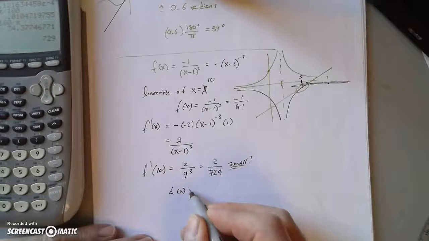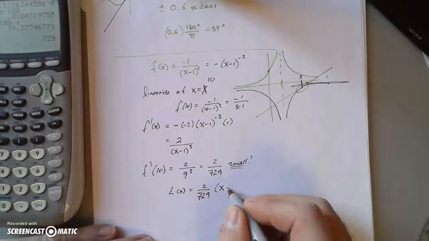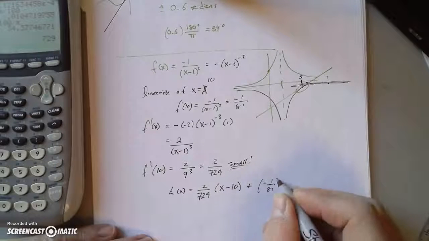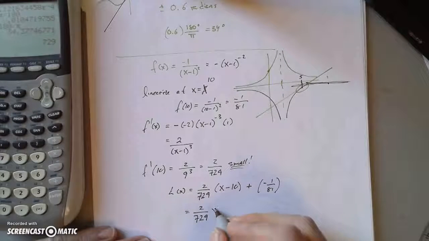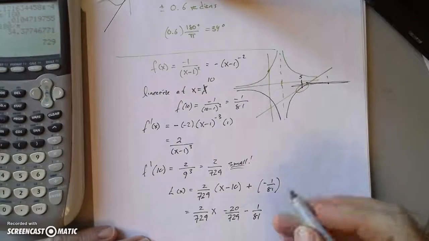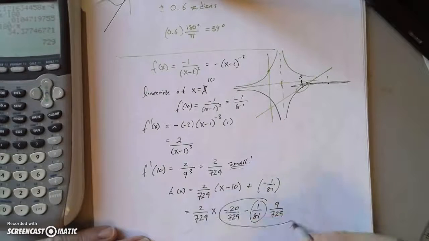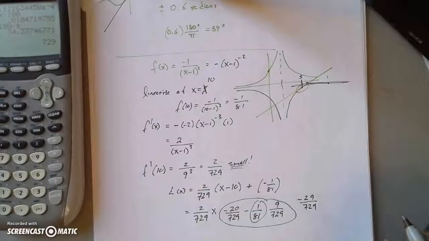So the linearization is going to be 2 over 729 times x minus 10, plus the y value, which is a negative 1 over 81. So this is 2 over 729 times x minus 20 over 729 minus 1 over 81. This is the same thing as 9 over 729. So this is minus 29 over 729. All right, so there's our tangent line.